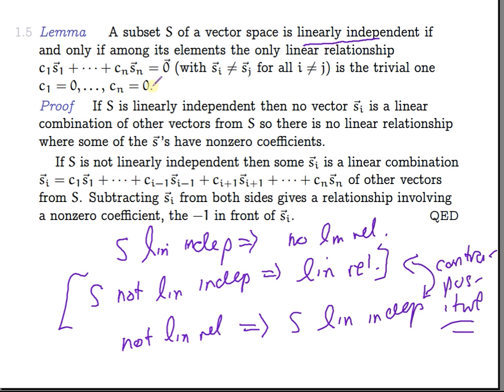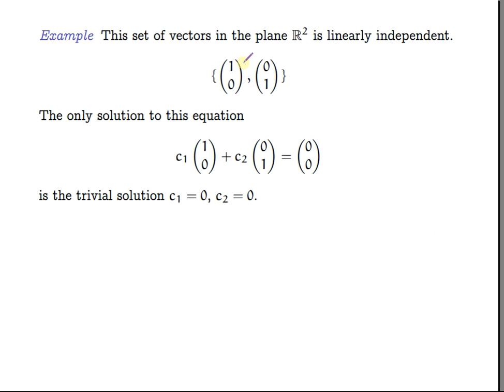Now, I think it's helpful to have examples in mind of linear independence. So we'll get there shortly and you'll see what's going on. All right, here's an example. In the plane, these two vectors are linearly independent. Why is that?